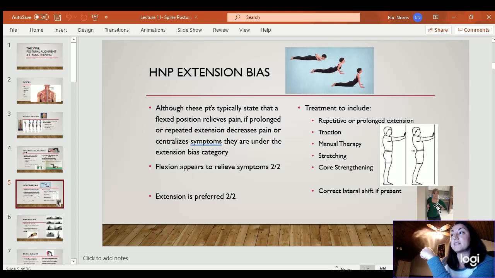If it was on the left side, the left is closing right there, the right is opening. So if it was protruding to the left, they would stand with their right arm towards the wall and let their right hip come in towards the wall so that it closes on the left and opens on the right. And then the opposite, if it was protruding out the right side, they would stand with their left arm towards the wall and let their hip fall in towards the wall.